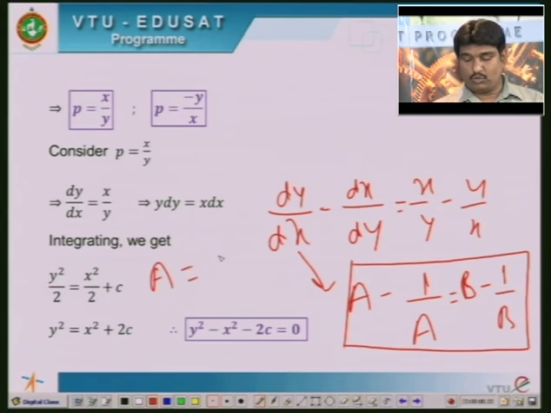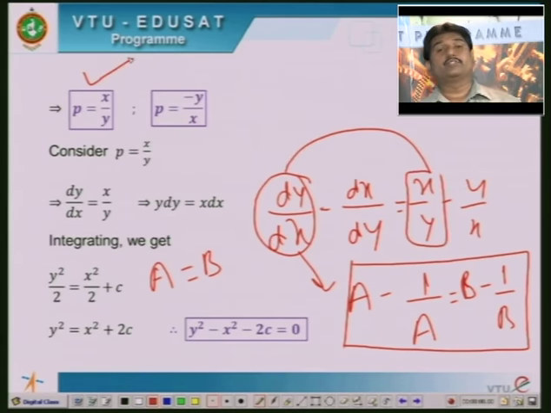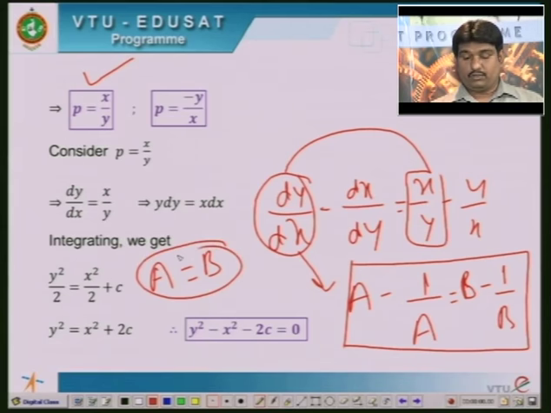a minus 1 by a equals b minus 1 by b in two cases. If a equals b, straightforward. a equals b means what? dy by dx equals x by y, which is here. p equals x by y, dy by dx equal to x by y. This is one possibility. Or a equals minus 1 by b. You just remember this.